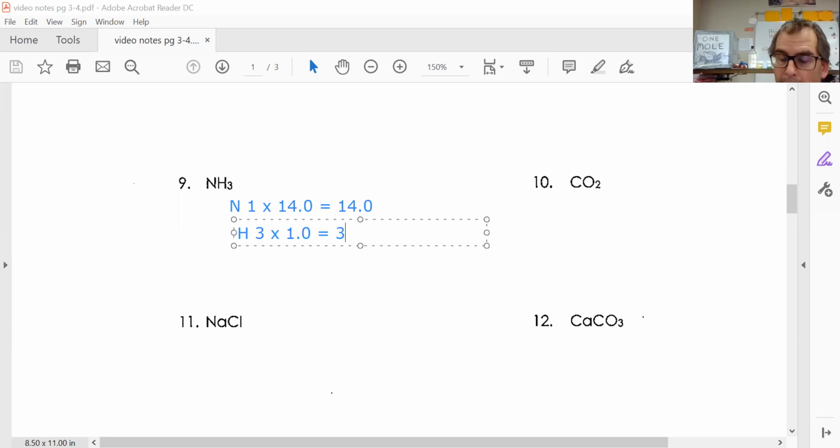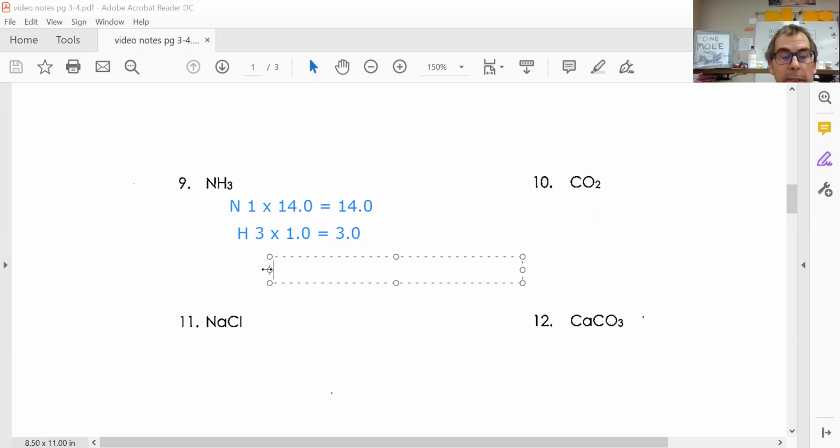That's going to be 3.0. And then what do I do with everything? The 14 and the 3, I add those up, and my answer is going to be 17.0 grams per MOL. So we might call this nitrogen trihydride, but the more common name is ammonia, and that would be 17.0 grams per mole.